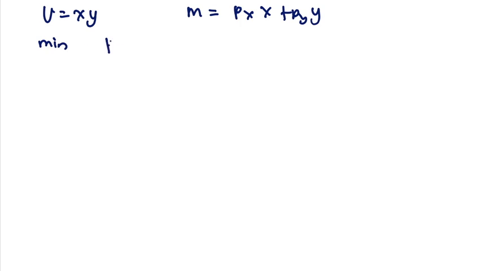So we still have u equivalent to xy. We still have income equal to px times x plus py times y. So we want to minimize px times x plus py times y, equal to or less than income, subject to u equal to xy.